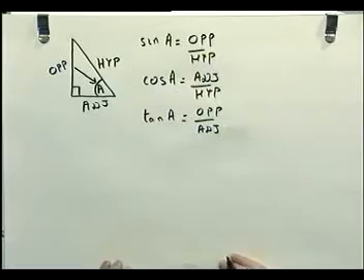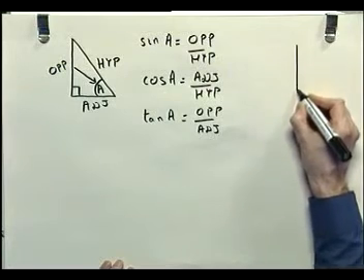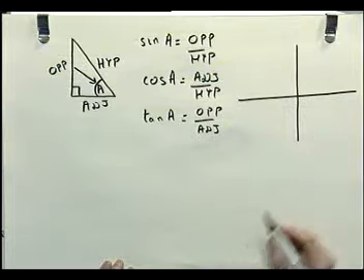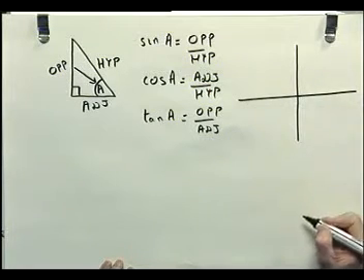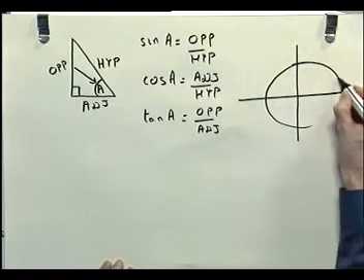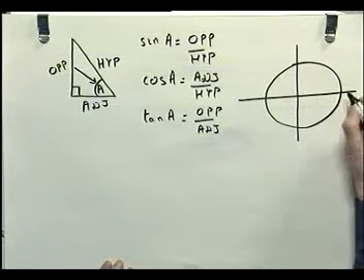So first of all, let's just have a look at angles. I've got a set of axes there, and based upon the origin, let me draw roughly a unit circle.